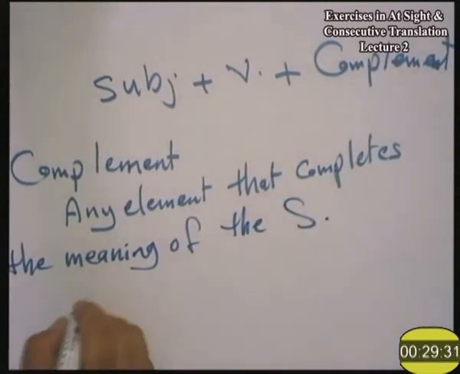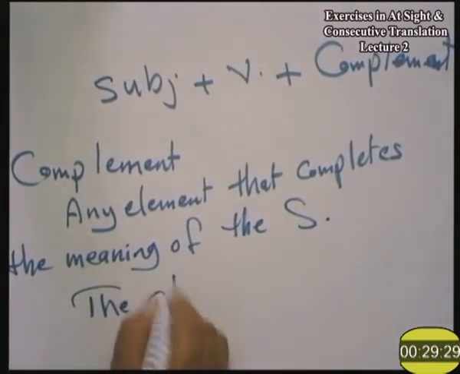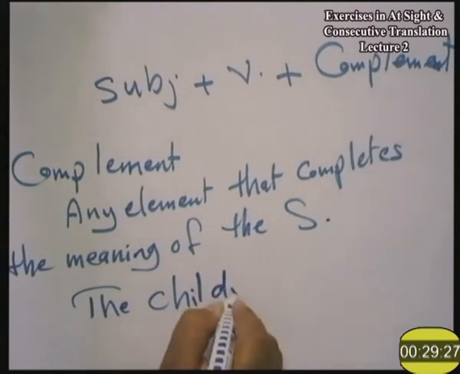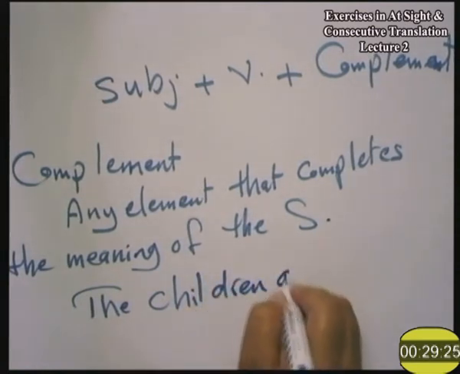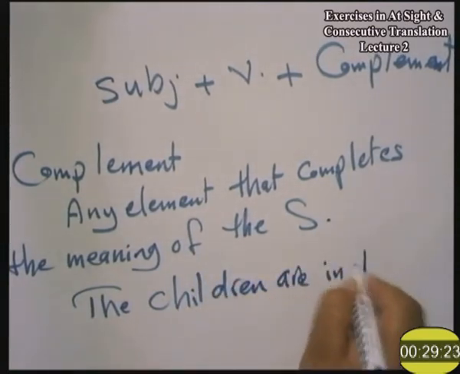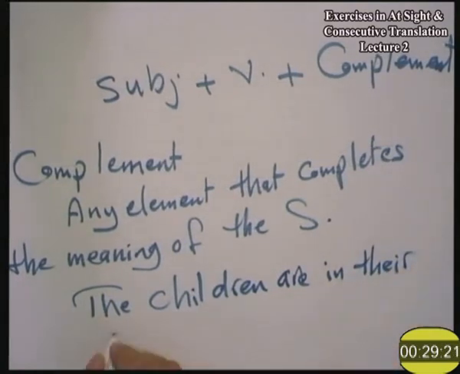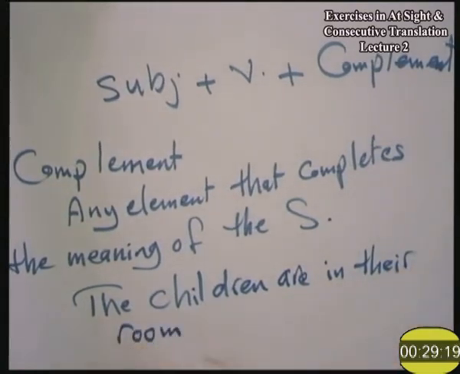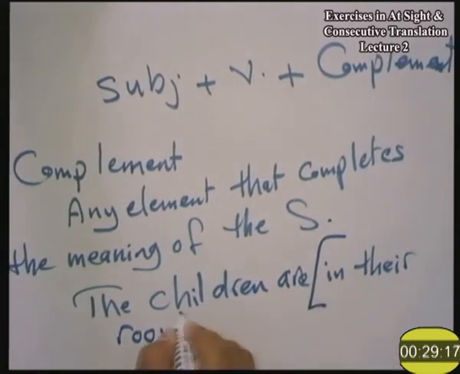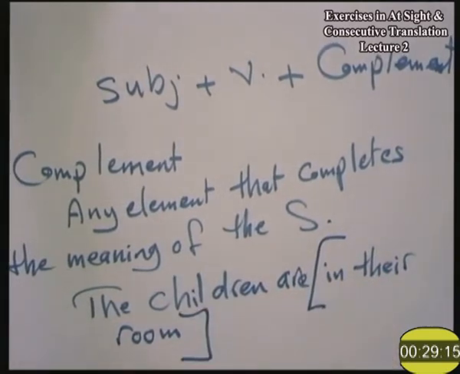For instance, if we say the children are in the room, in their room, the part between the square brackets is called the complement. Now let's see a very simple sentence. Let's go back to the sentence. For instance, the bomb exploded.